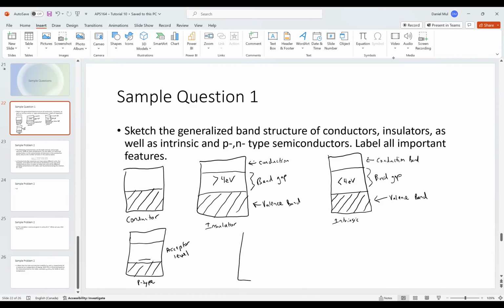And then the N type, and it has a donor level. It still has these valence and conduction bands.